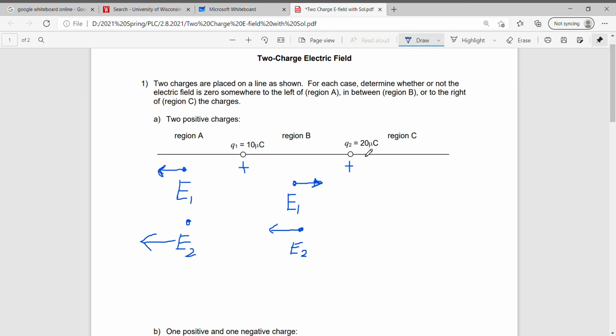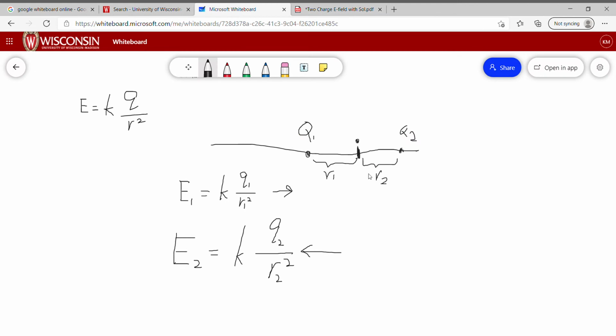And we can see that Q2 is larger than Q1. Q2 is 20, Q1 is 10. So if we want these two quantities to be equal, then R2 has to be larger than R1.